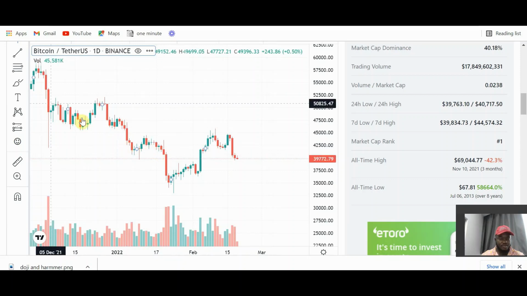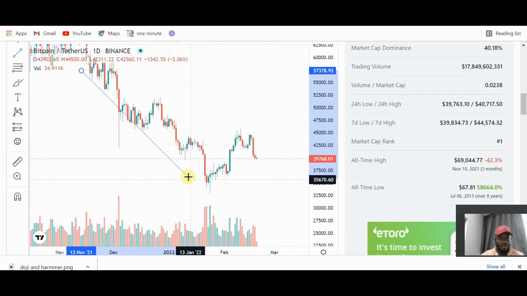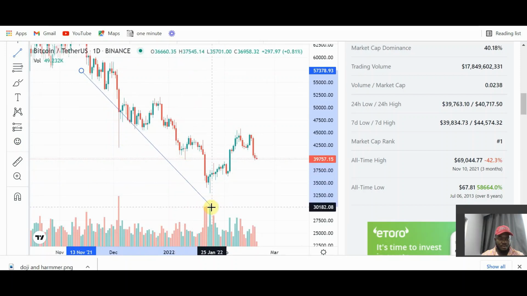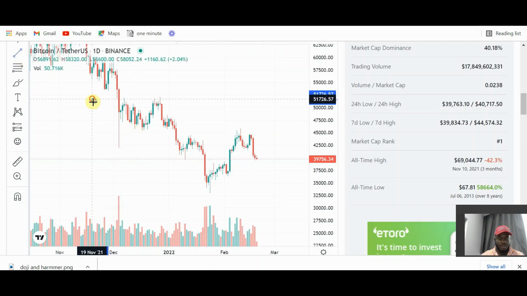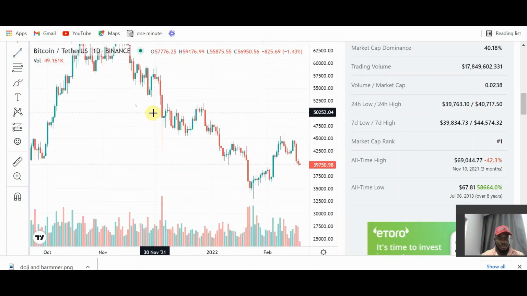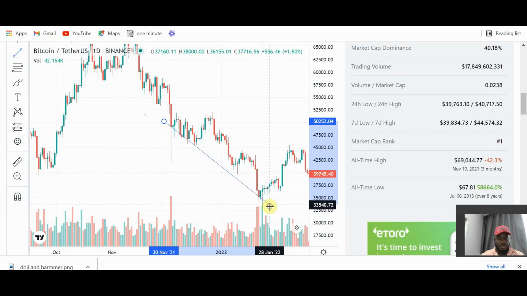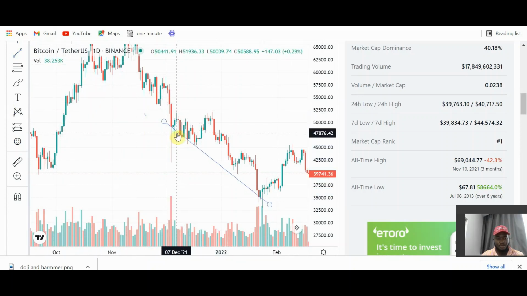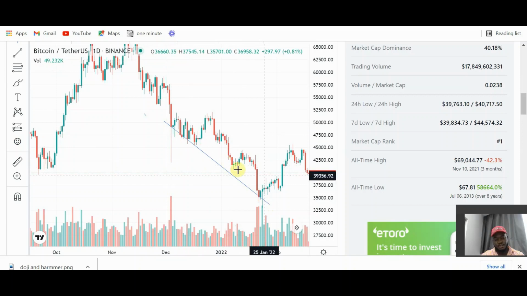When the price broke from here, you can see when you have your trend line, now from here, connecting this, it's also breaking up, but out here, connecting this and this, showing you that the market is in downtrend.